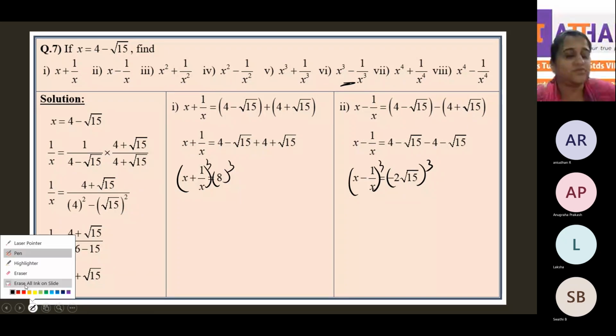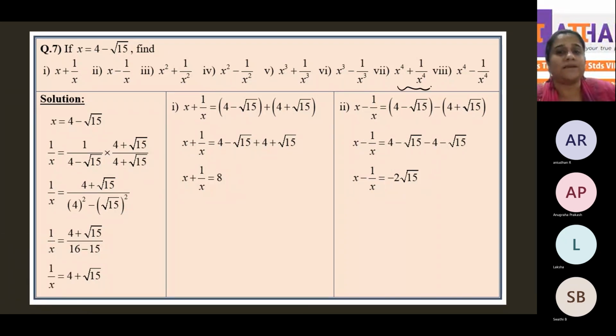All right. Next is to find x to the power 4 plus 1 by x to the power 4 and x to the power 4 minus 1 by x to the power 4. Now to find this one, you need to square.